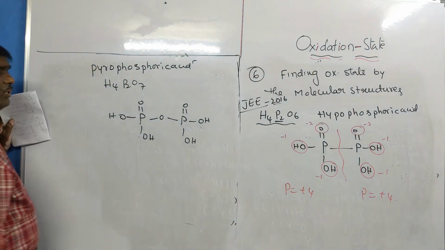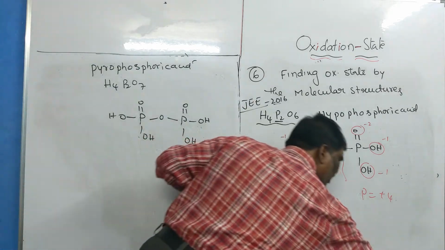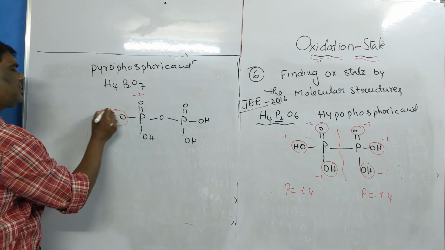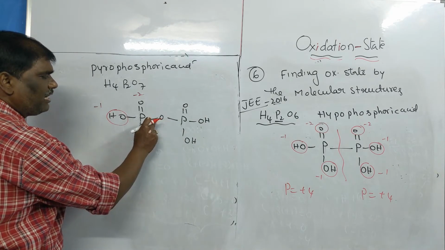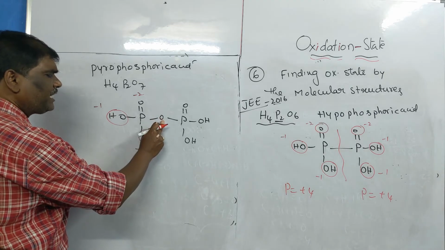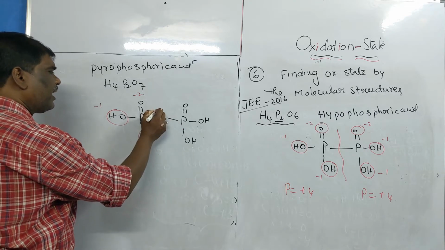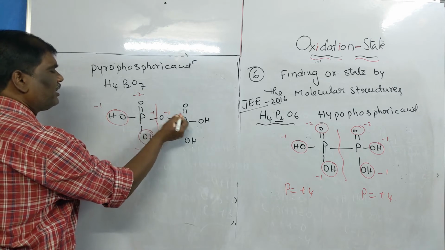Now here, what about the oxidation state? In general oxygen is -2, this is -1, this is -1, and here this linkage oxygen is generally -2 but is shared by 2, so it gives -1 with this one and -1 with this one.